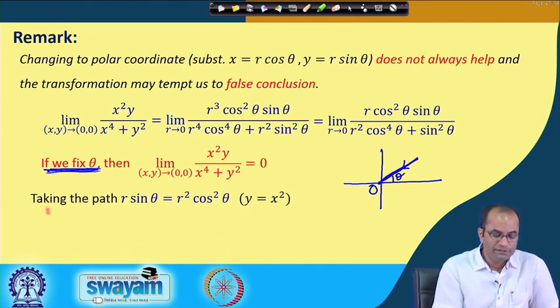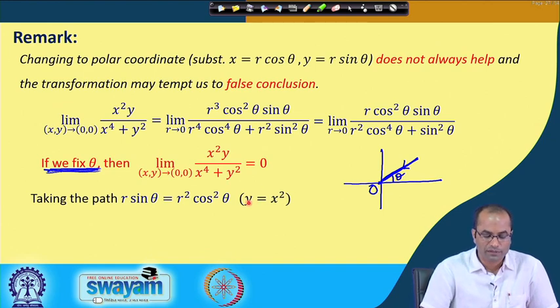So, for example, if we take another path, y is equal to x square, this is again going to the origin.